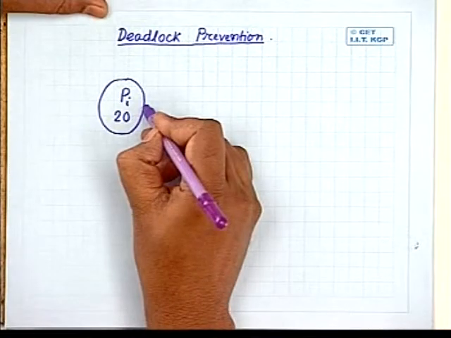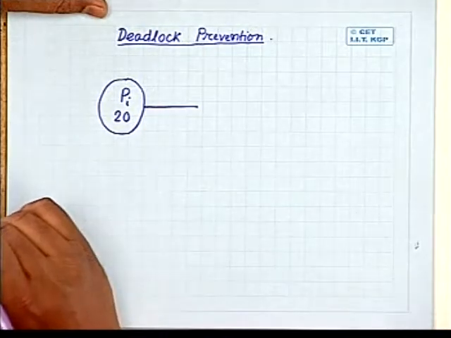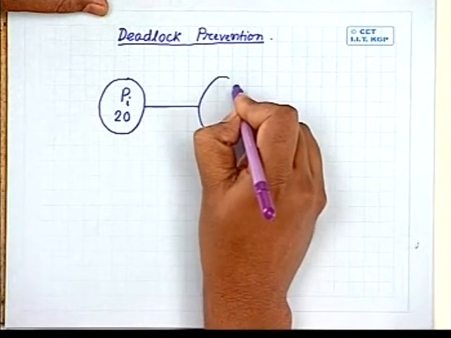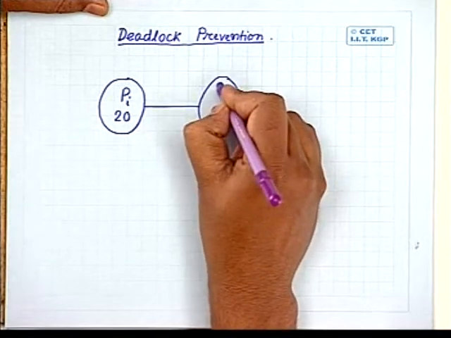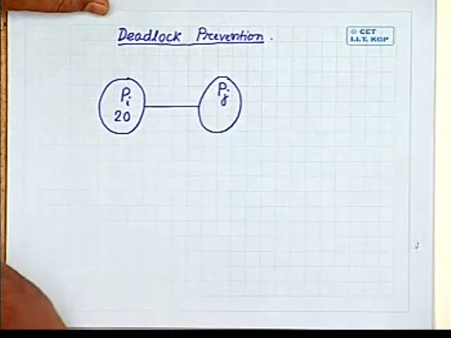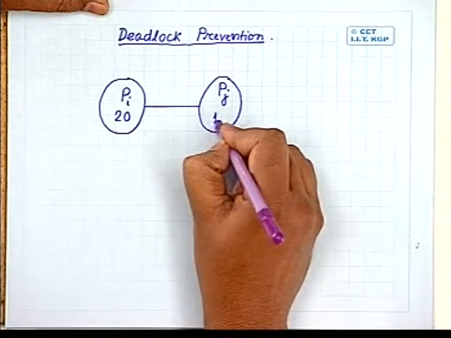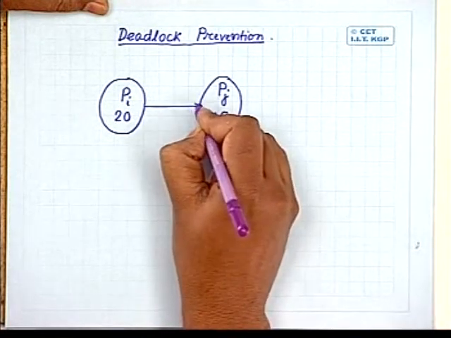At this time, the process puts a request for some resource held by another process Pj. And suppose Pj has executed for 10 time units when this request has been made.